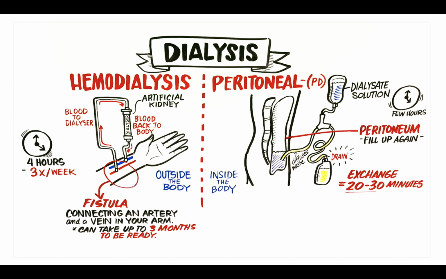And then there is peritoneal dialysis, where you float fluid through the abdomen, and that fluid collects waste that way. That can take about 20-30 minutes for one of those cycles to go, and the whole process would be a few hours.